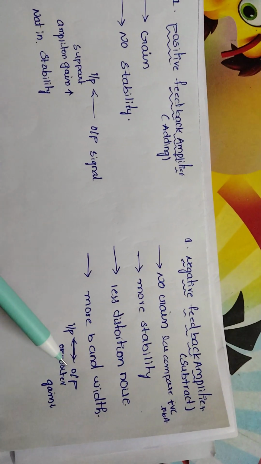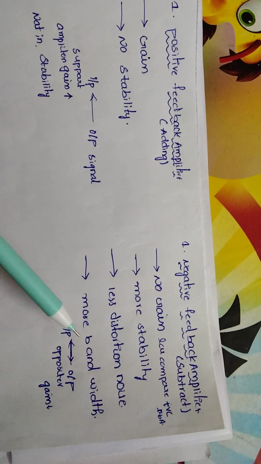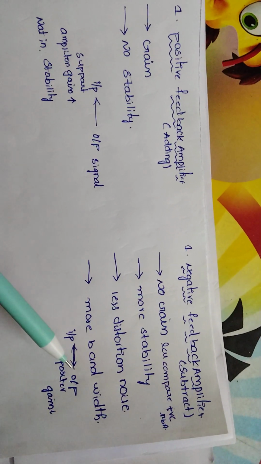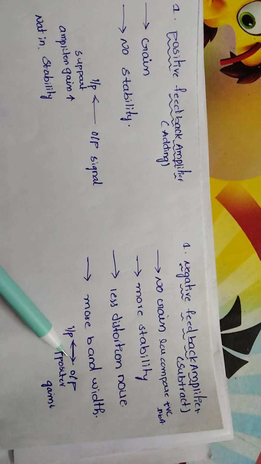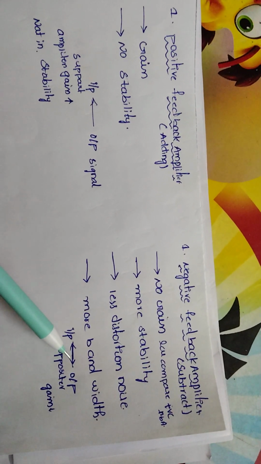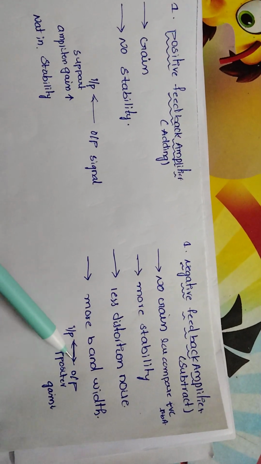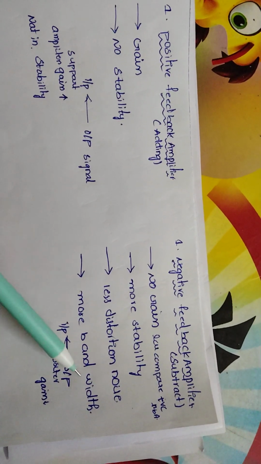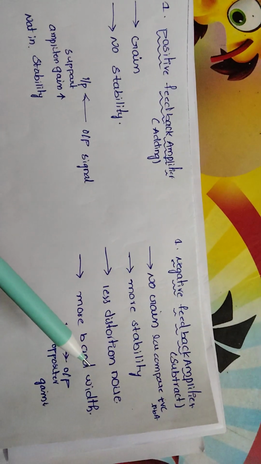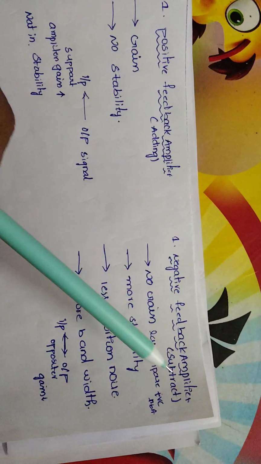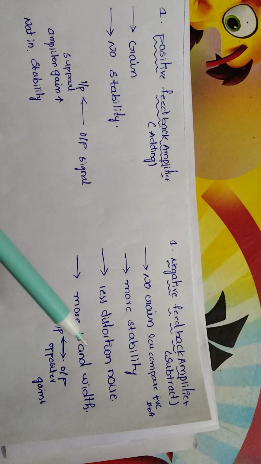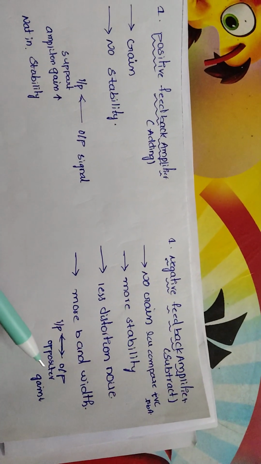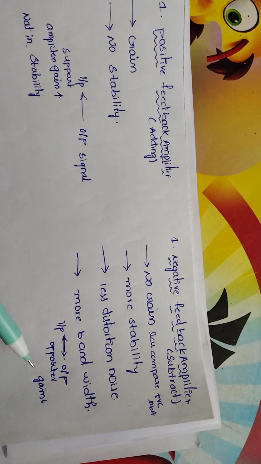The output signal fed back to the input signal opposes the direction of current or voltage, so we call it the negative sign in this condition. So gain decreases and bandwidth increases. We call this a negative feedback amplifier. Most applications use negative feedback amplifiers.